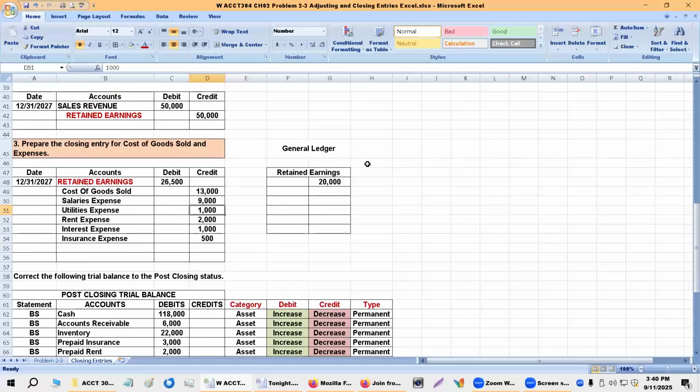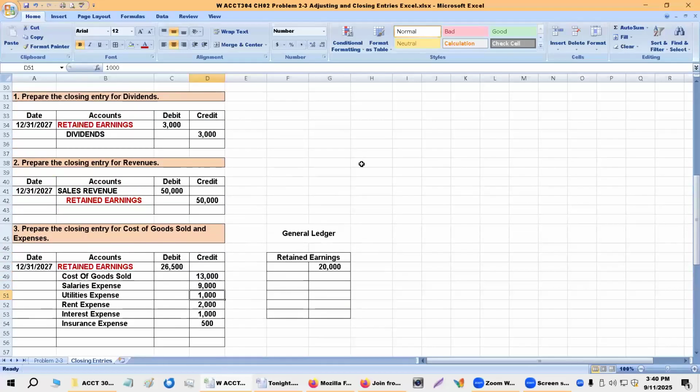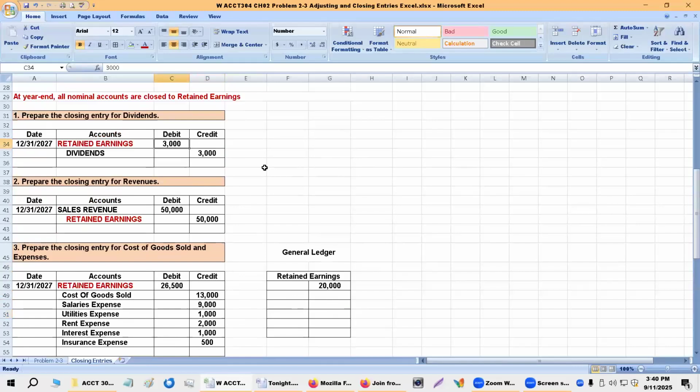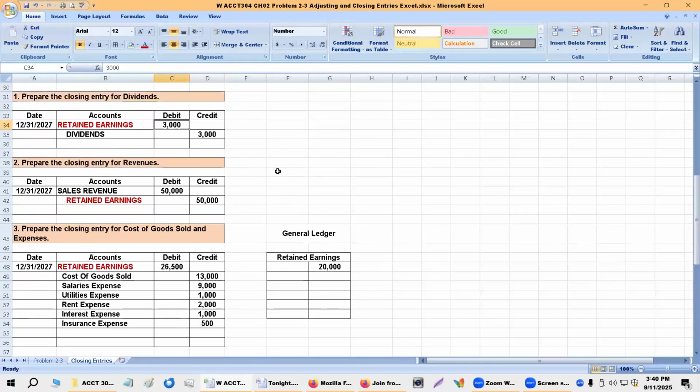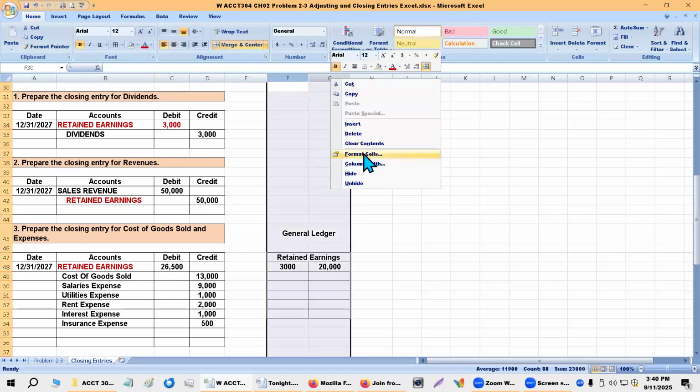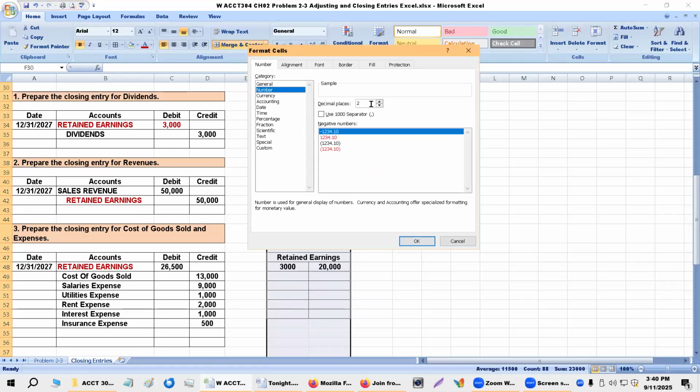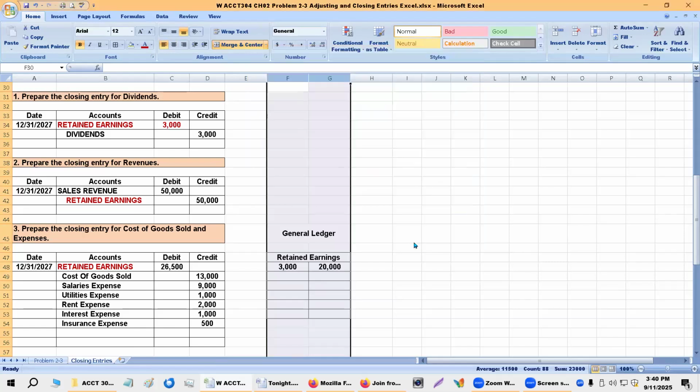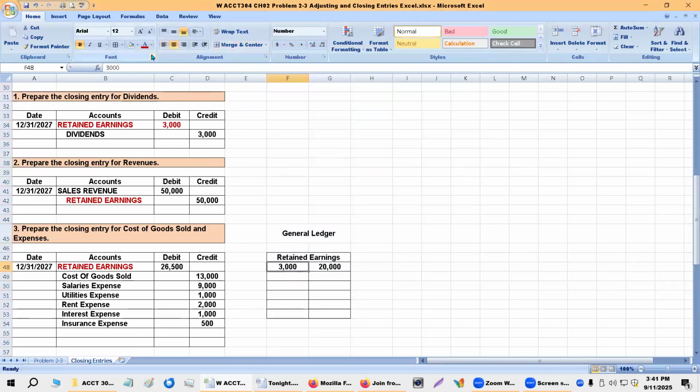Okay. So let's see how this works out. Retained earnings. So I'm going to post these to the retained earnings account. So 3,000. $50,000.